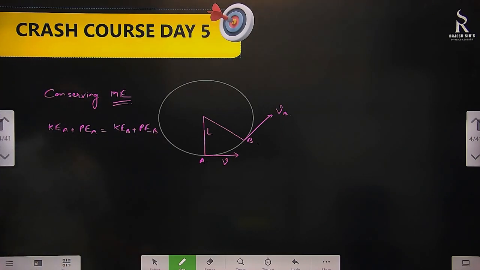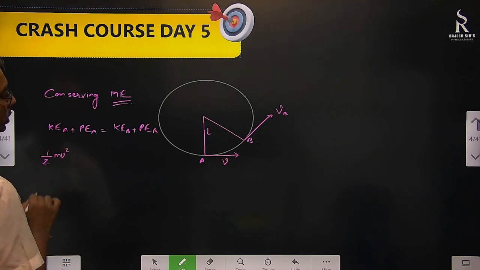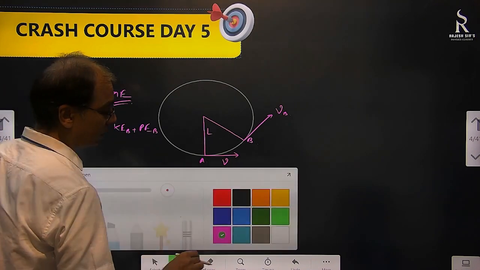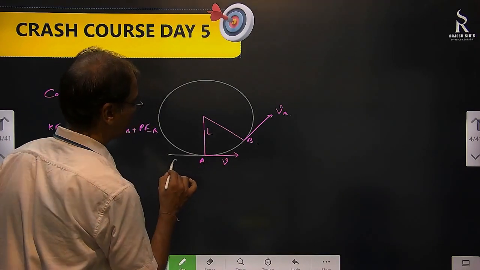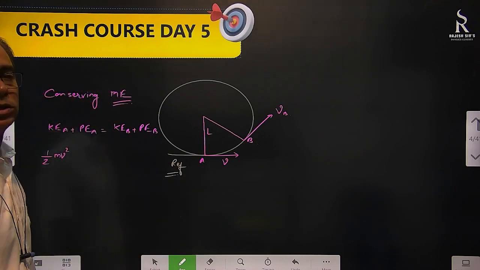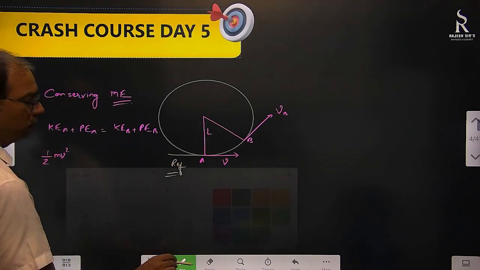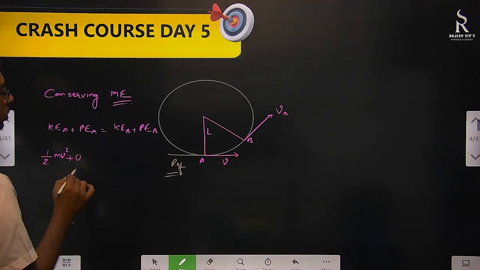Right. So, kinetic energy at A is half mv square. Potential energy at A, we have to see where the reference we are taking. So, let A be the reference. Reference means where we are going to consider potential energy 0. So plus 0.